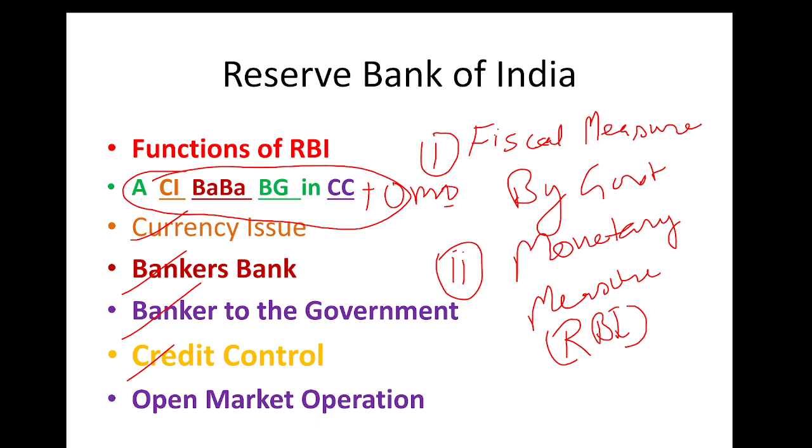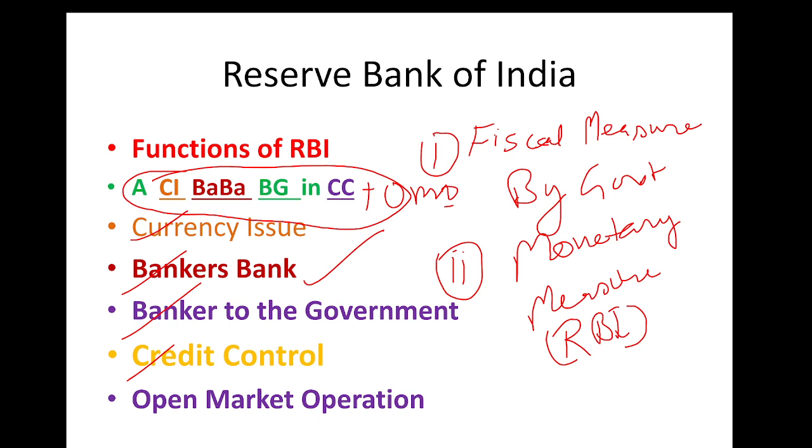Currency issue means RBI is printing currency as per the requirement. Bankers bank means there are two parts of bankers bank: lender of last resort and final deposits. Just giving the loan to the banks. These are the bankers bank functions.